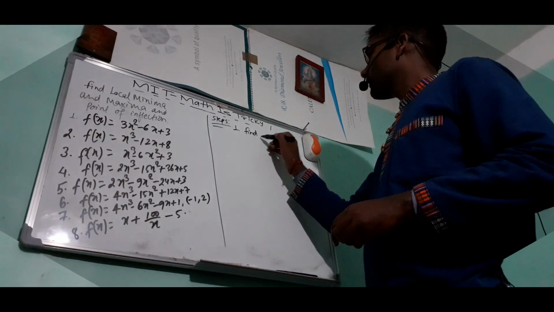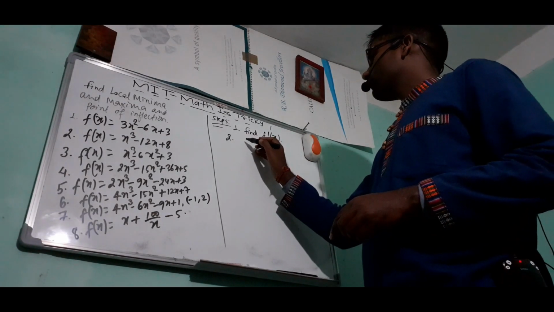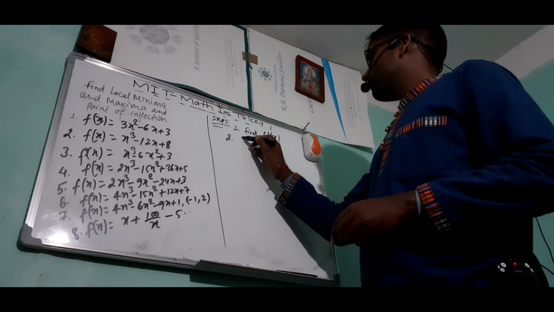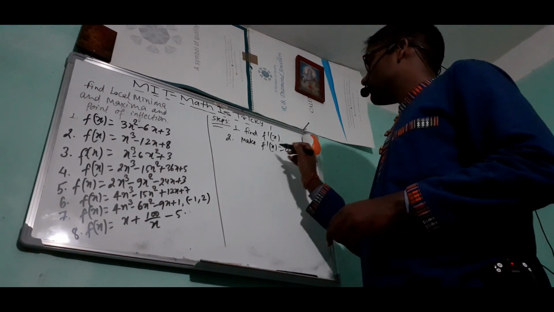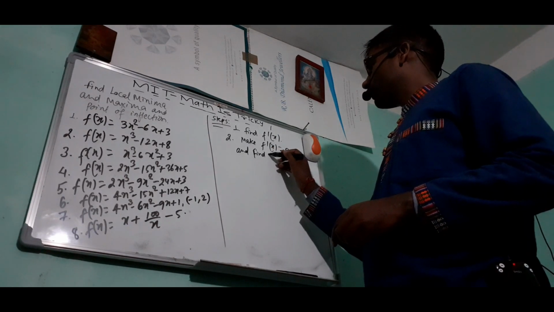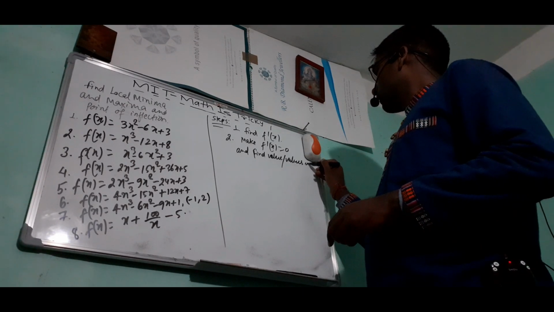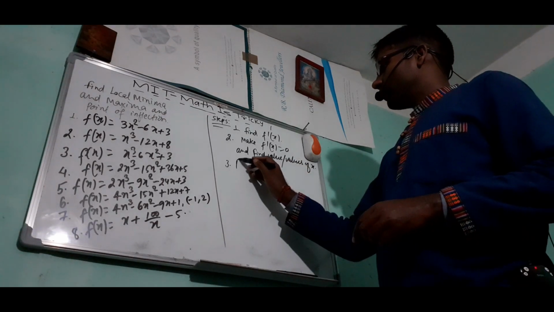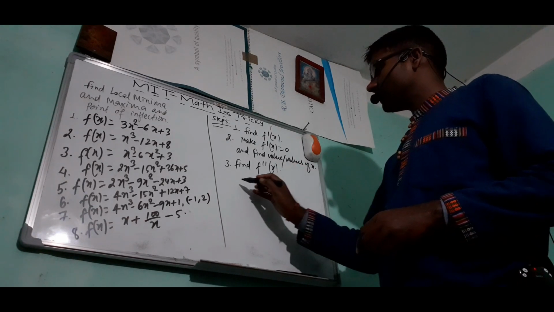If you practice a number of times: f dash x is the first derivative. Then second step, make f dash x equals 0 and find values of x. Step 3, find f double dash x, that is the second derivative.